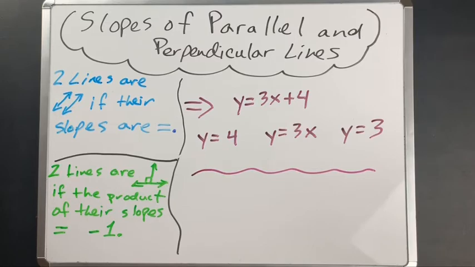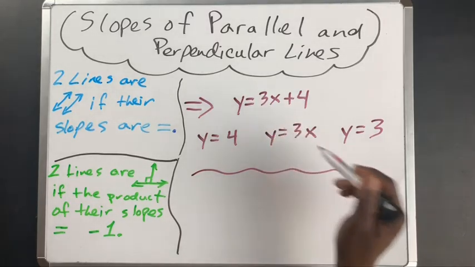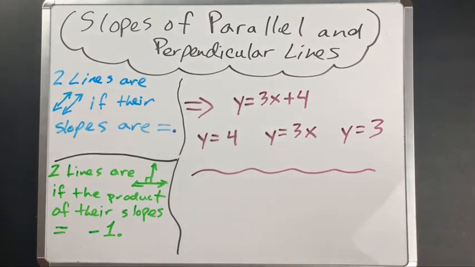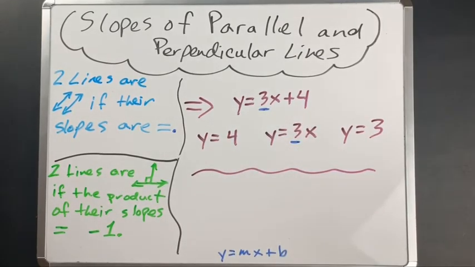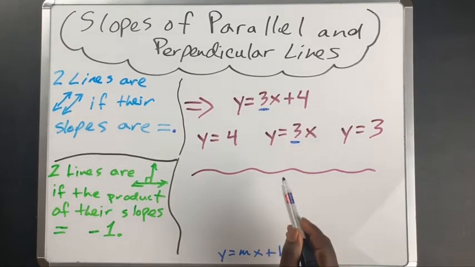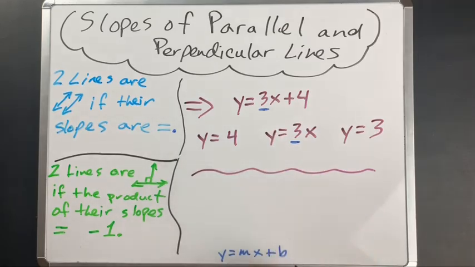Now, I see that these two equations are written in slope-intercept form, which is y equals m times x plus b, where the slope is m, the coefficient in front of x. This coefficient is 3, and this coefficient is 3. So we can say that if we graph them, the two lines would be parallel.